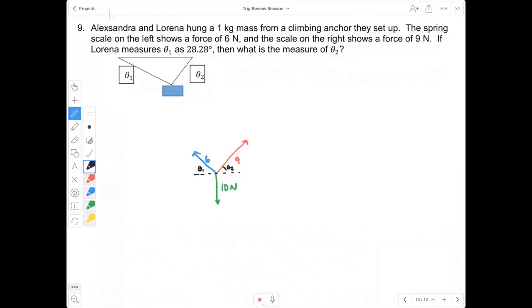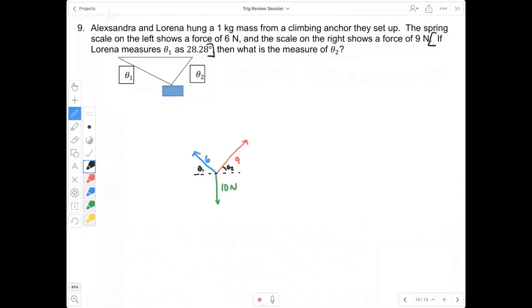And Moose is pointing out that fourth period students are looking at a problem that has all of this, but not 28.28. Exactly. Fourth period probably got a different sheet. I noticed that if theta 1 was not given, it's a pretty hard problem.